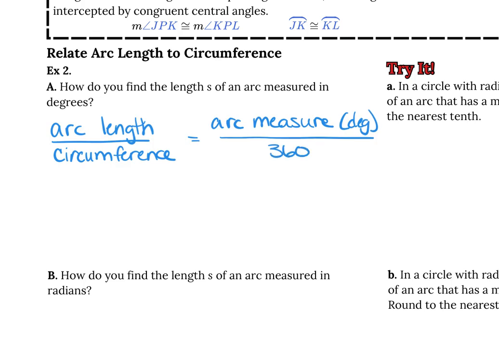Okay, so if our arc length is S, we know to find circumference, it's 2 pi r. Our arc measure, we're going to call N, and then put that over 360. Now we want to solve this for S. To solve this for S, I would need to multiply both sides by 2 pi r.